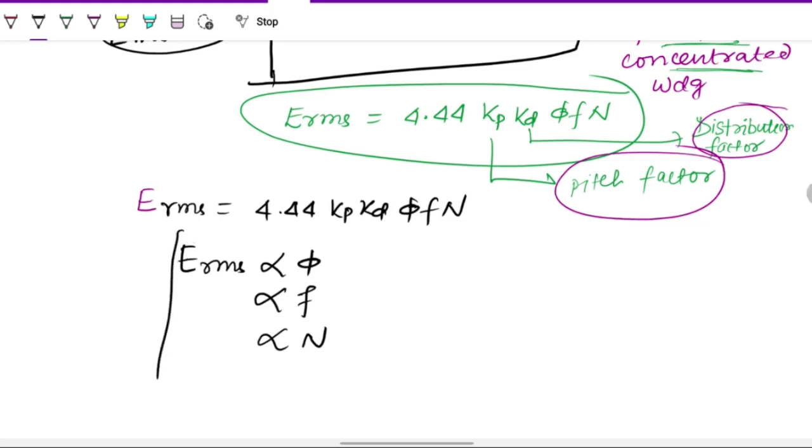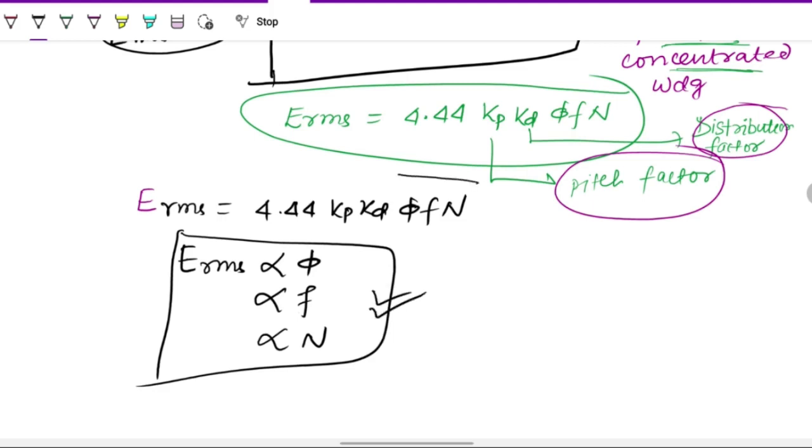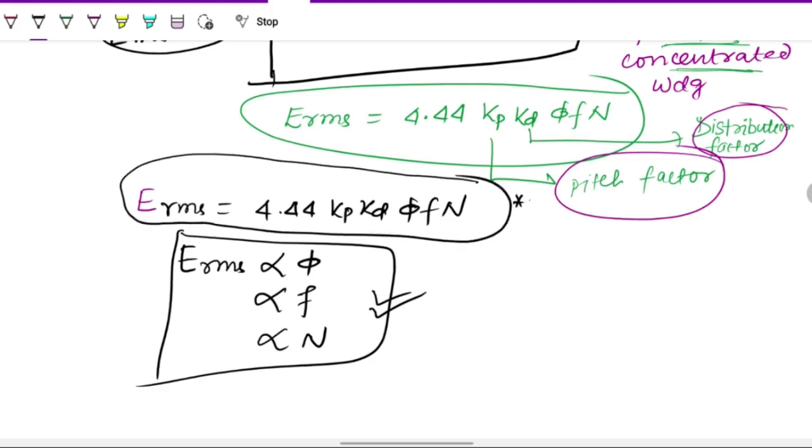So these are the factors on which the generated voltage depends, and we'll have to keep in mind this formula, as most of the time numericals based on these formulas are asked. Now let us try to solve a question based upon this.